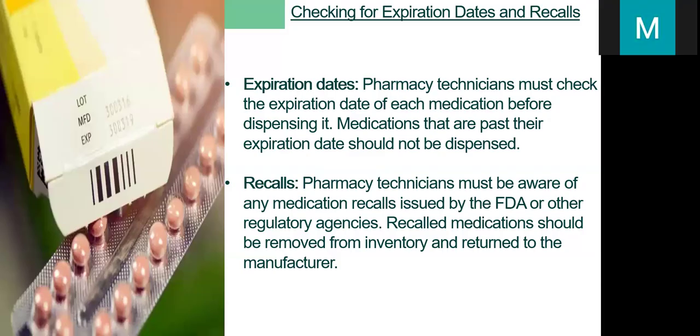It will be taken out of circulation, so that it doesn't harm more people, or continue to be detrimental to people. So that is recall. You know, there are times people actually take drugs or medications, and it has serious consequences.